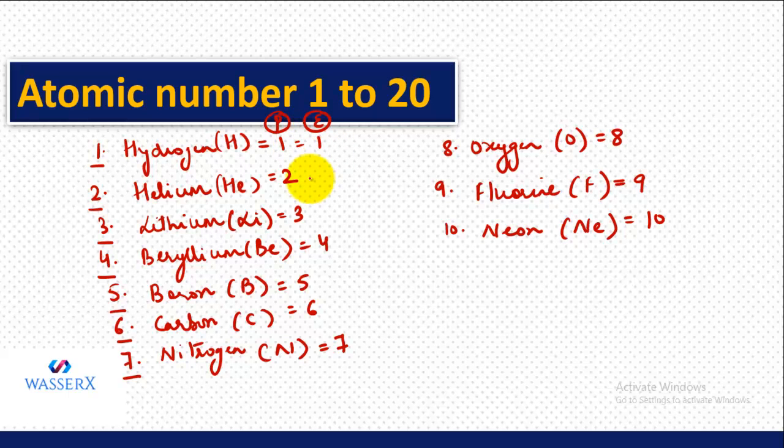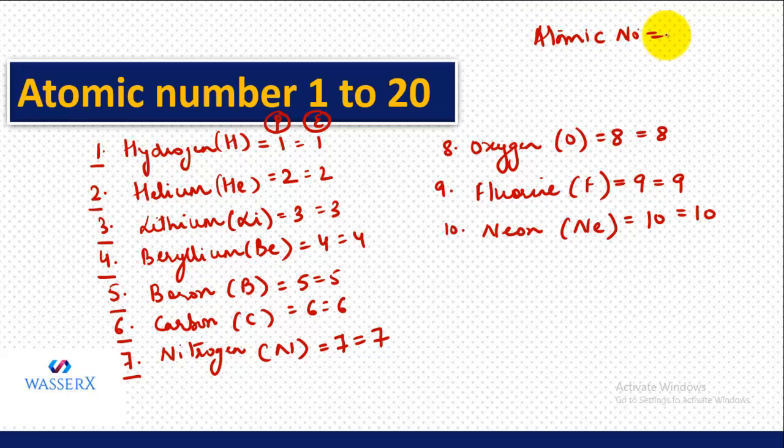So in a similar manner, you can write the number of electrons, because in this case we are not considering ions, we are considering just atoms. So it is equal to the number of protons, right? So if we talk about an atom, it possesses an atomic number which is equal to protons, which is further equal to electrons, right? So this is for 10 elements. Let's write for 11 to 20 as well.